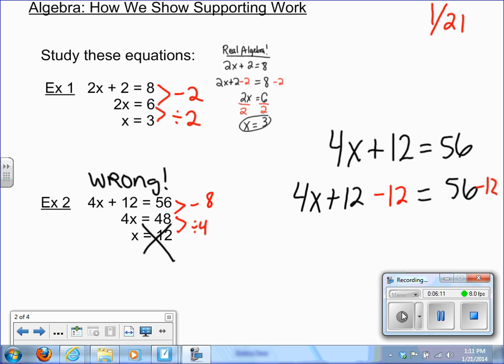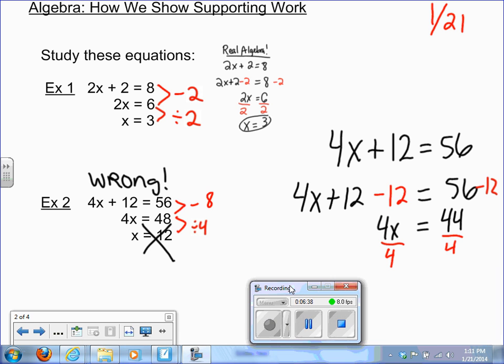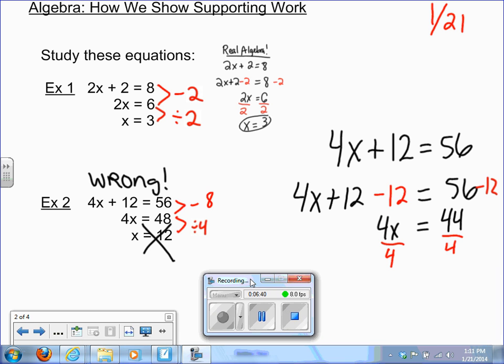In my next line, Michael. 4x and 44. Good. 56 minus 12 is 44. Now what should we do to both sides? Ananya. Good. If we know what 4x is, in order to find out what x is, we divide by 4 on both sides. And we get x equals the correct answer, which is 11.